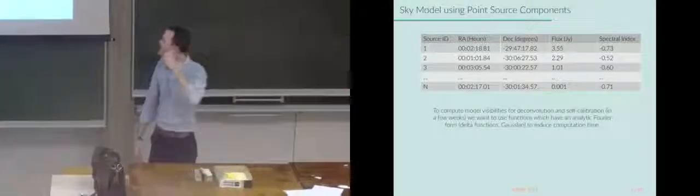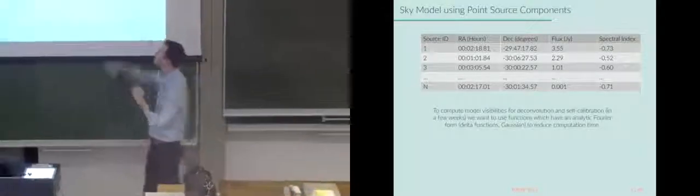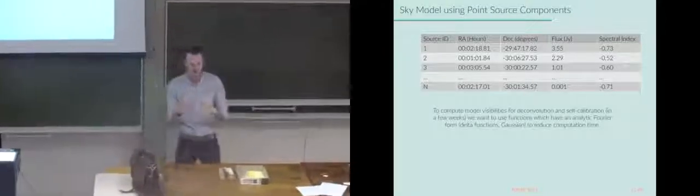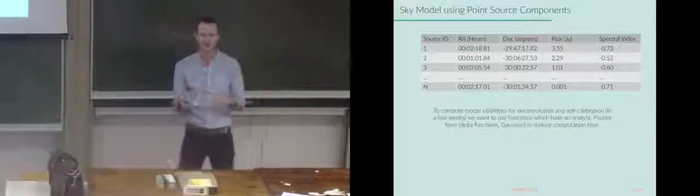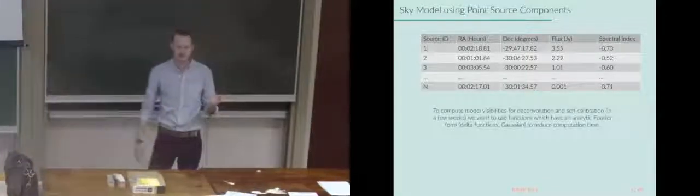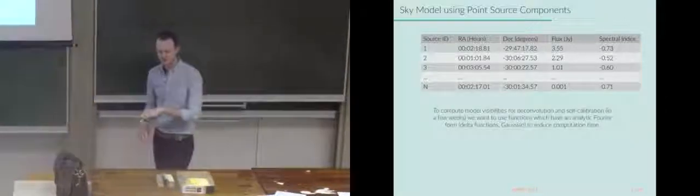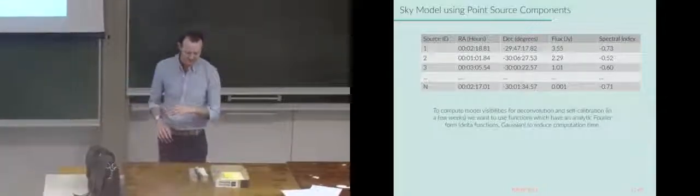And so if your sky model is made up of a bunch of point sources, Dirac delta functions, in the image, it's very easy to Fourier transform that back to visibilities. And that's part of the deconvolution process, switching between the two.